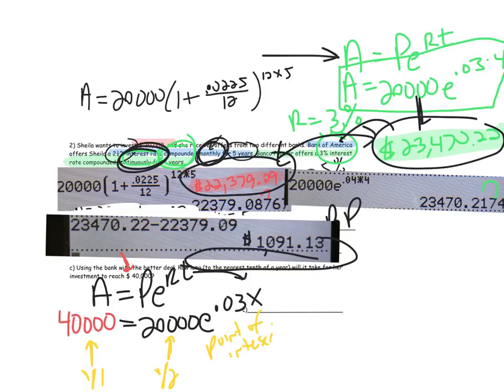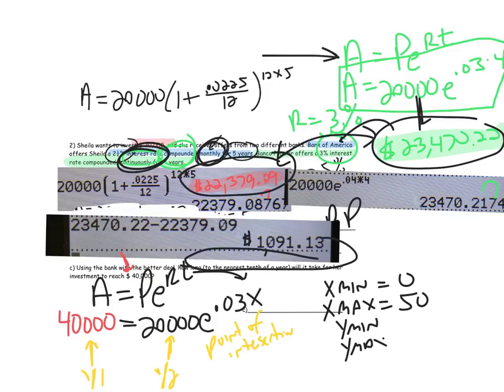We need to choose and set up a viewing window, and we're solving for X, and X stands for time. So I'm going to say my X min is going to be 0. As far as X max goes, the maximum amount of time, I have no idea. Maybe I'll look 50 years into the future, maybe 100 years. Maybe I'll start off with an X max of 50. As far as Y min and Y max, a Y min of 0, because Y stands for money.